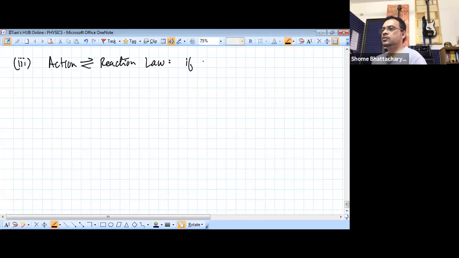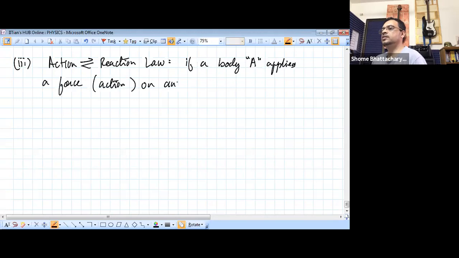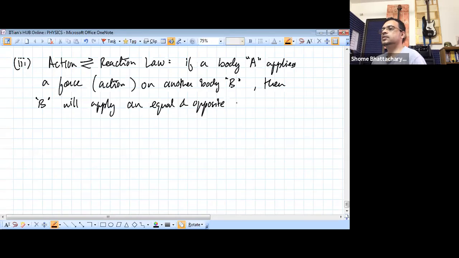It simply says that if a body, let's say E, applies a force, which we call the action, on another body B, yes, every action has an equal and opposite reaction, then B will apply an equal and opposite reaction force on E without fail.